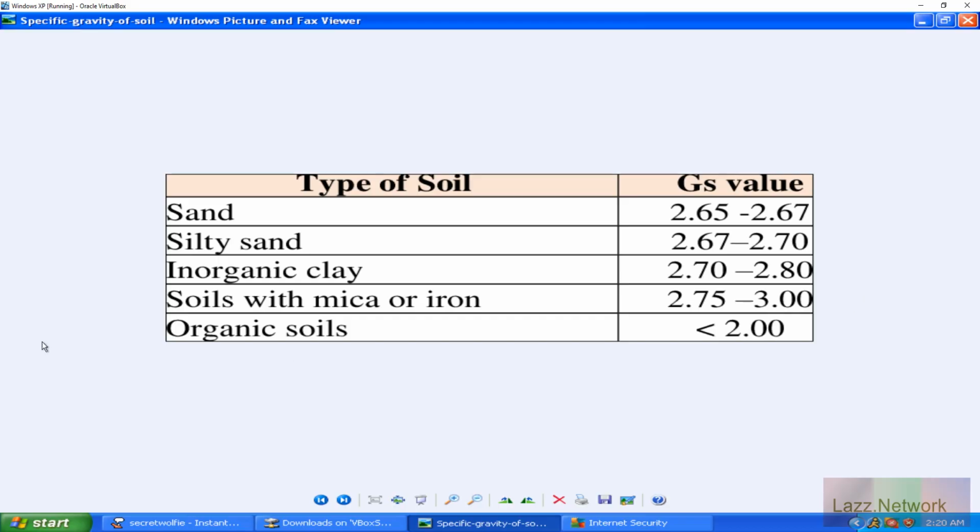And then, of course, you got organic soils, which is typically anything that's going to be less than 2.00. So if you think about it, when you have any kind of organic matter in general, I'm pretty sure you might have done this before in your life. Granted, this isn't what we typically deal with in the lab when we process soils.